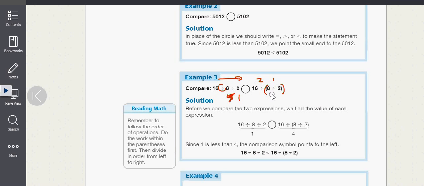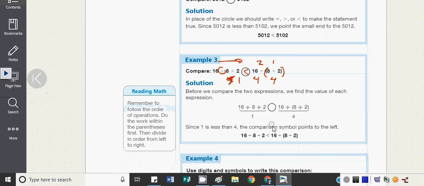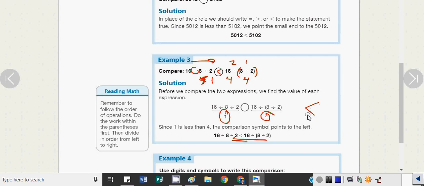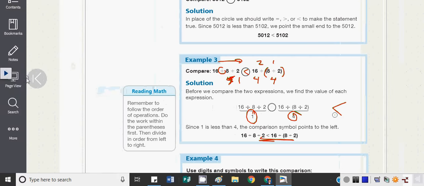Here we do this first, which gives us 4, and 16 divided by 4 is not a big number, but it's bigger than 1. So which way do I point it? They summarize this below here, and this is that answer. We want which sign is that, greater than or less than? That's a less than sign.